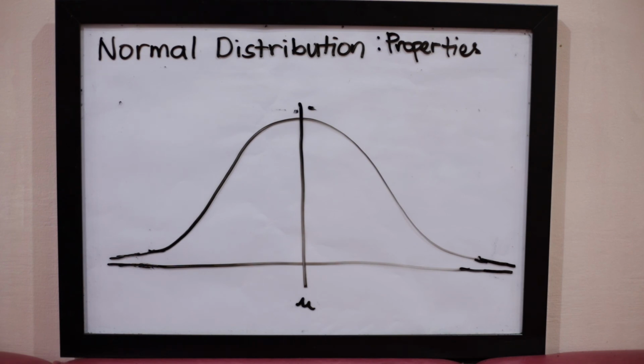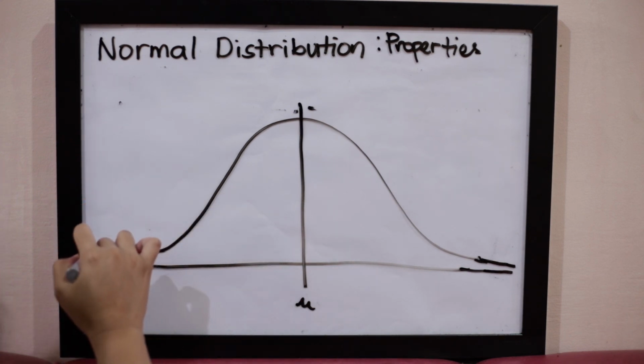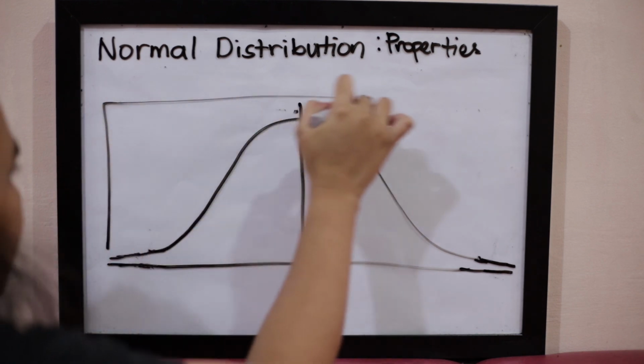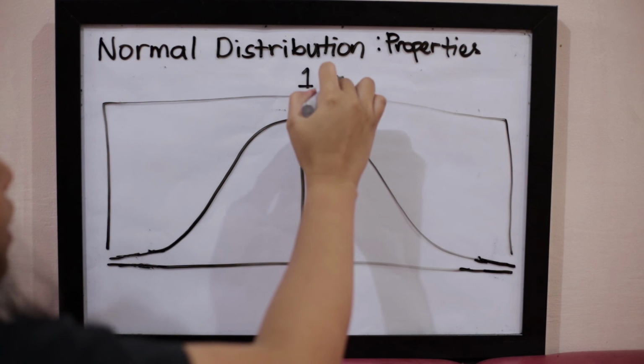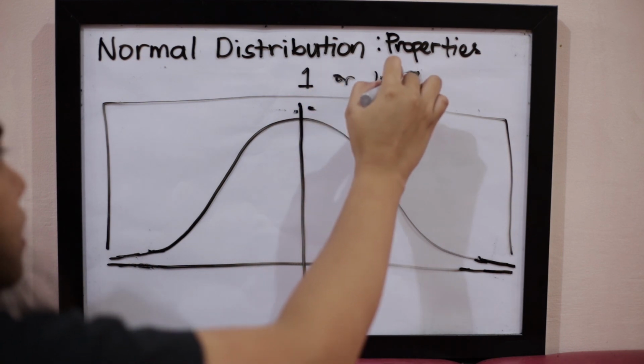Next, ano pa yung isang property? The total area under the normal distribution curve is 1 or 100%. So, if we will calculate this one numerically, ina-assume natin na this whole normal curve is equal to 1 or 100%.